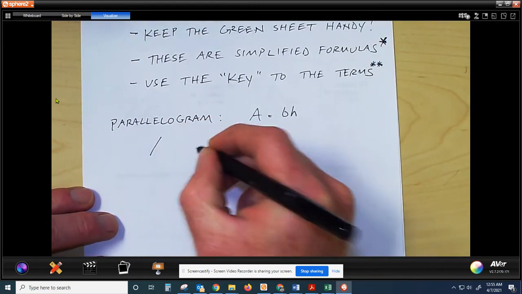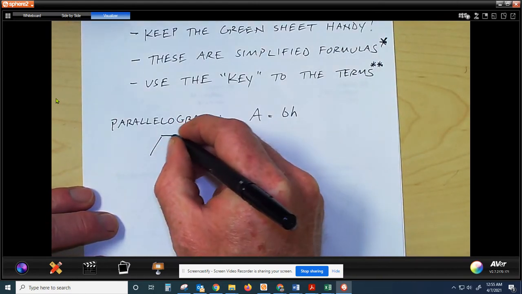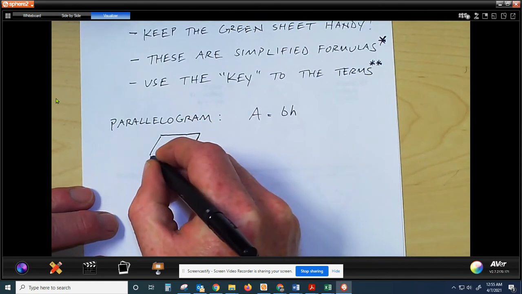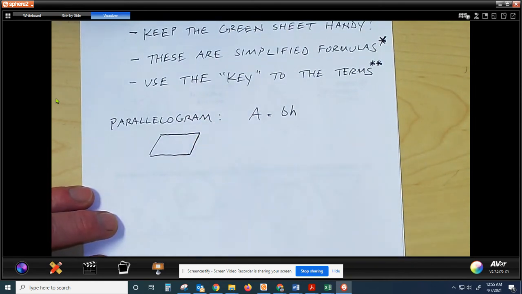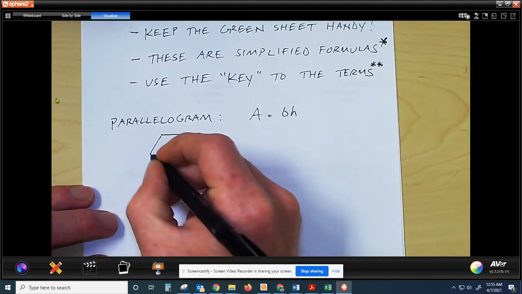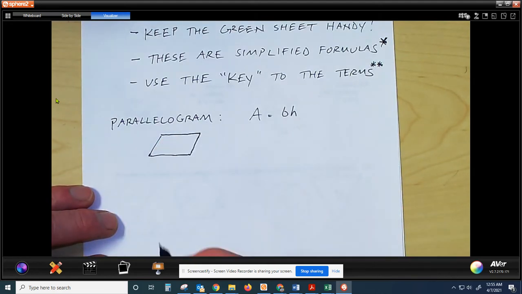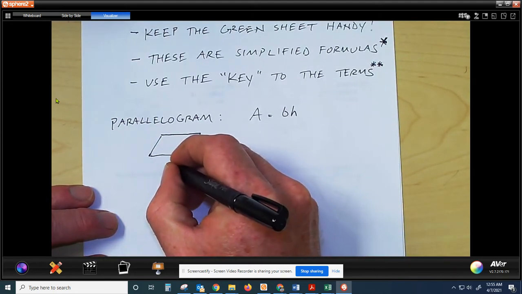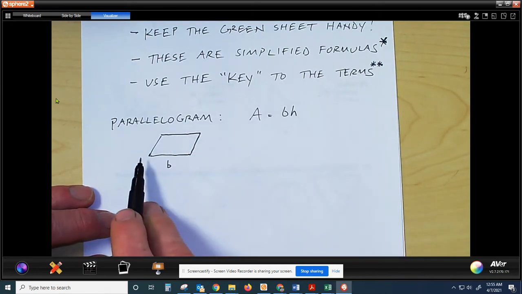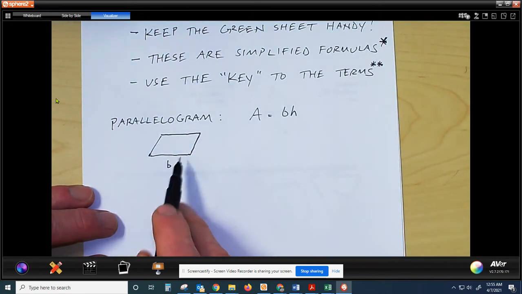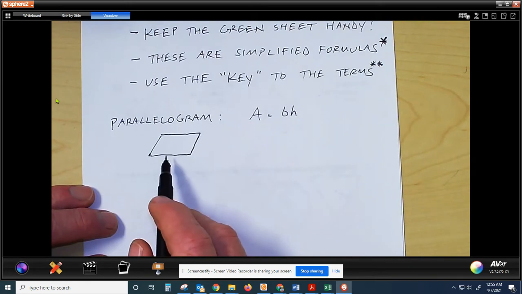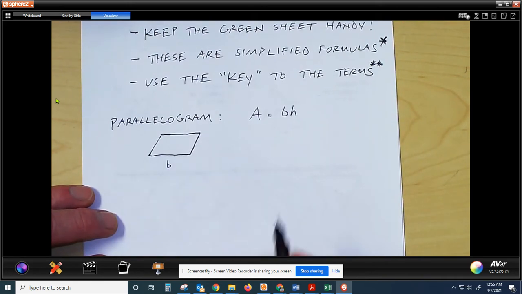So I'm just going to draw a parallelogram freehand. Okay. And base is kind of what you think for all these shapes. A couple of tricks to think about, but base is often the bottom side of the shape. If you stood this up on its end, this would be on the floor.